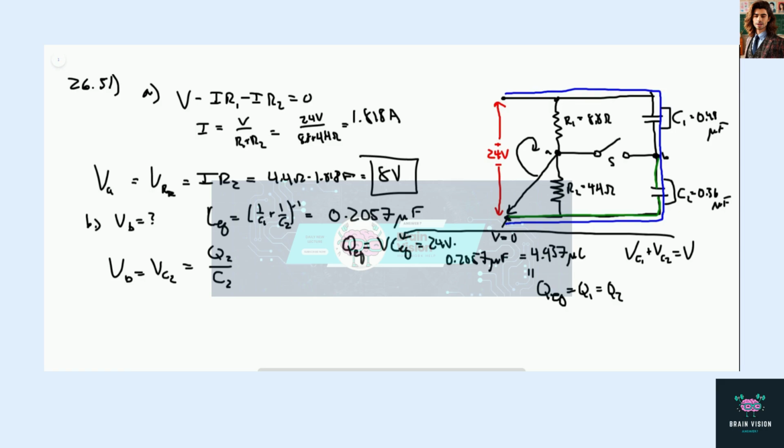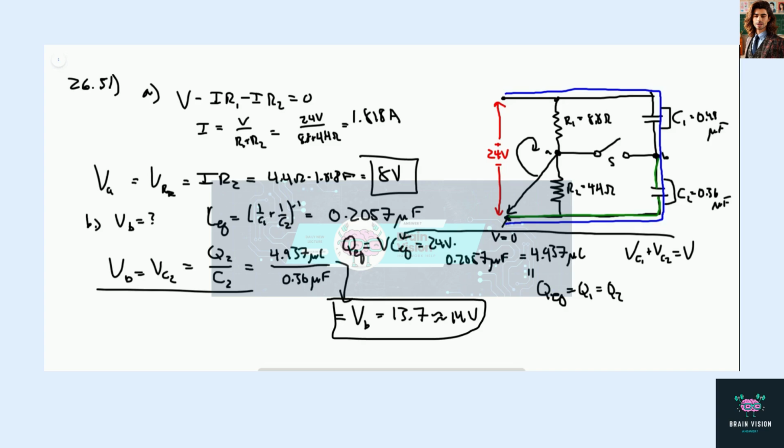With that, let's go back to the equation we had here. If the charge is 4.937 microcoulombs and the capacitance is 0.36 microfarads, we plug that in, and the voltage at point B equals 13.7, or roughly 14 volts.